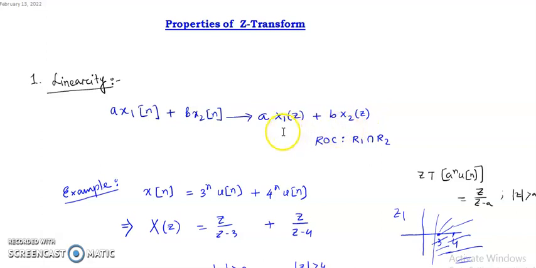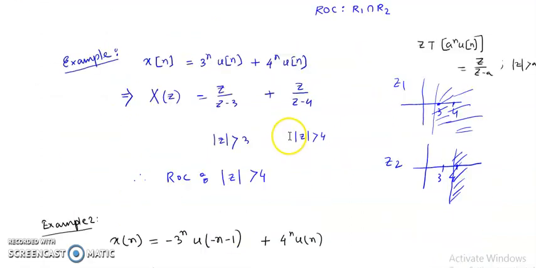The ROC, or region of convergence, for the output of this combined signal will be the intersection of their individual ROCs R1 and R2. Here we can take an example to find the Z transform of a signal which is a combination of two subsignals: 3 to the power n u[n] plus 4 to the power n u[n].